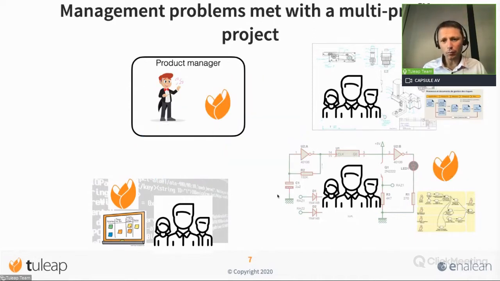So what happens when you put in one tool? And what happened with this product manager in this R&D team when we put Tuleap for all of them? First of all, what we would like to do is to keep the autonomy of each team. That's very important, because if your team has their own process, it's because they need it.